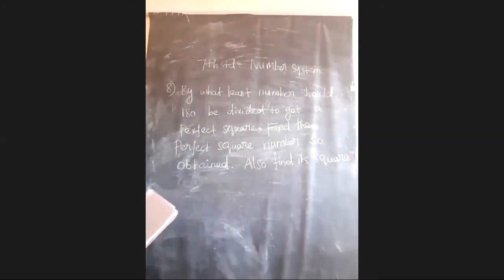Also find its square root. So copy this question fast. By what least number should 180 be divided to get a perfect square? Find the perfect square number so obtained. Also find its square root.